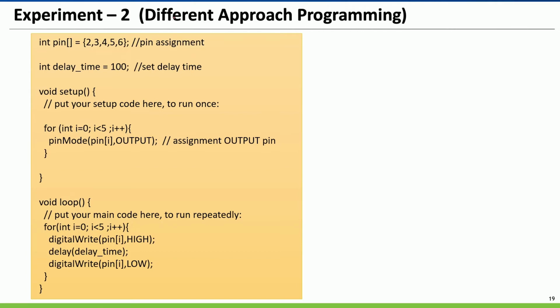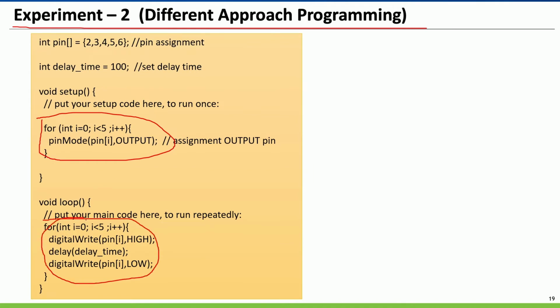And we can also do a different approach to programming. Similar output, but in this case we simplify the program by using the for function, and this one also a for function.